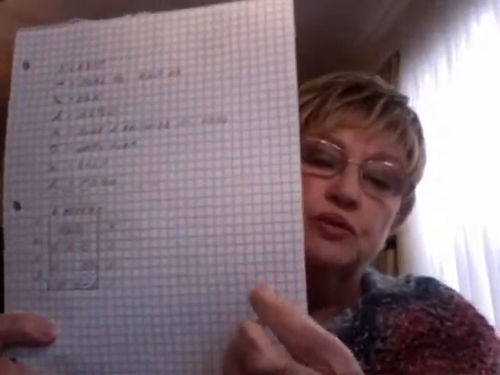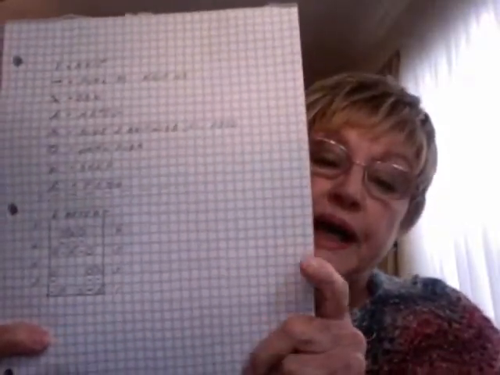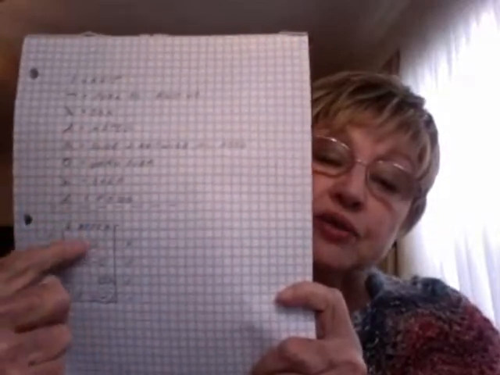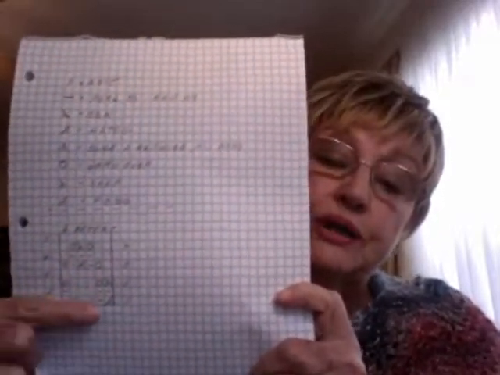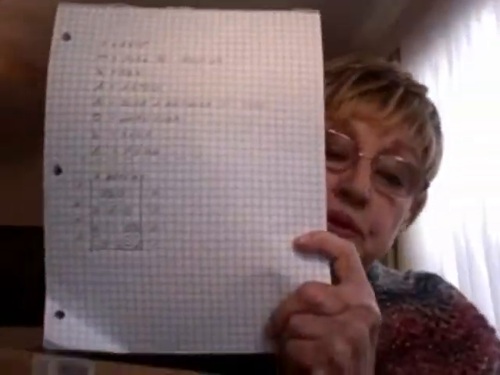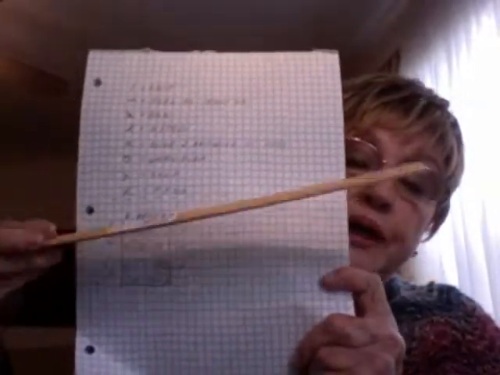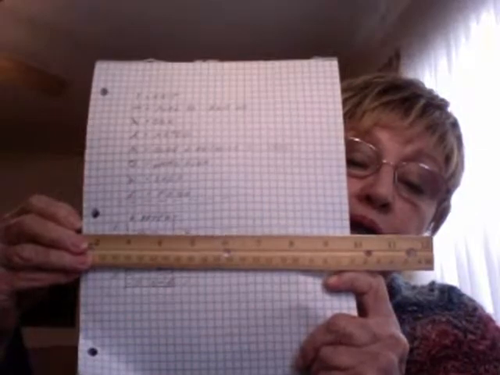This is a smaller square than normal, and translate it. You can write your chart, and then with a ruler, I have one here, you do line number 1, line number 2, line number 3.